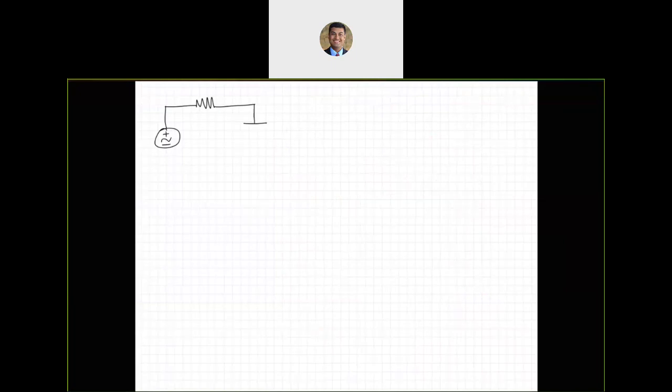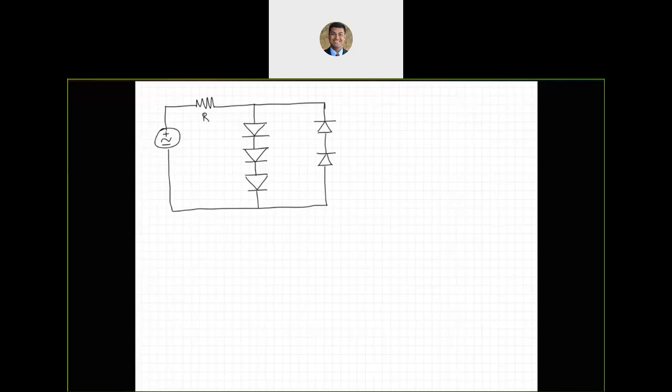Say on the positive side I have 2 diodes and 3 diodes, and in another path, I have let's say one here and one here. This is my R. All of these are 1N4148, so all these are small signal diodes here.